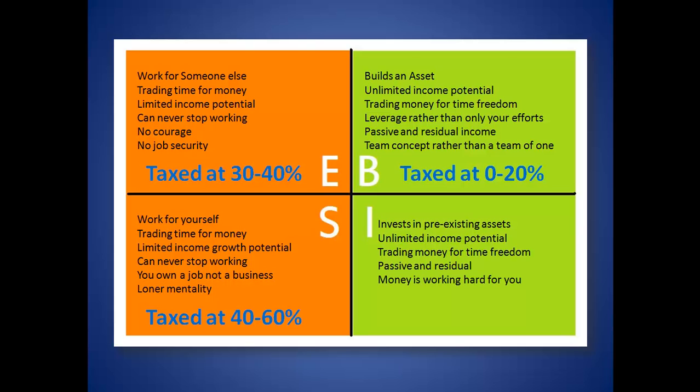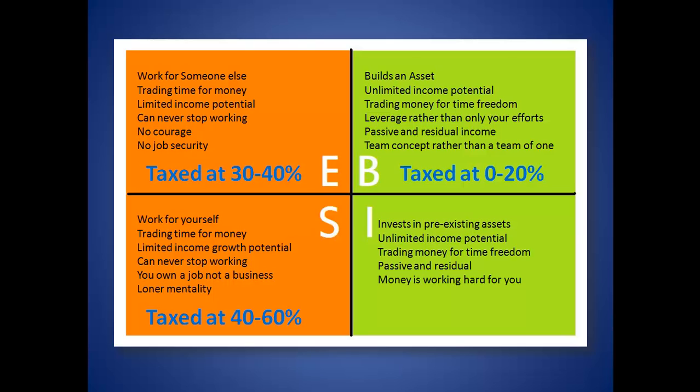And I'm talking about really active investing in active assets, not necessarily investing in mutual funds, not necessarily buying GE stock and letting it sit for 10 years. I'm talking about almost reinvesting into an asset, which would be reinvesting into the B quadrant. Okay. It certainly has unlimited income potential because you are a true investor.